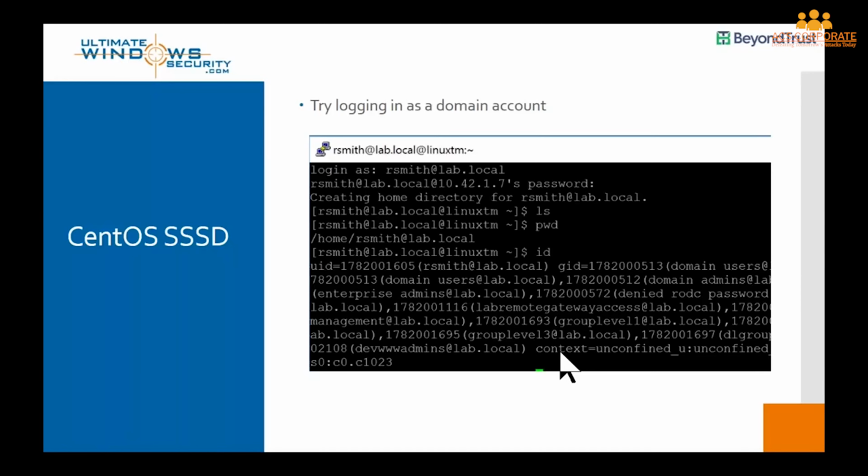I found that interesting, by the way. For those of you that have worked with Linux a lot, it may not surprise you, but as soon as a CentOS system joins a domain, be aware, everybody in the domain can now secure shell into this system. Everybody. They don't need any special authority.